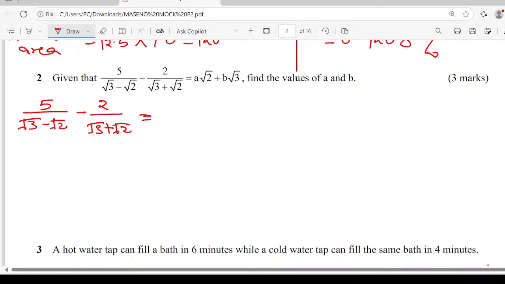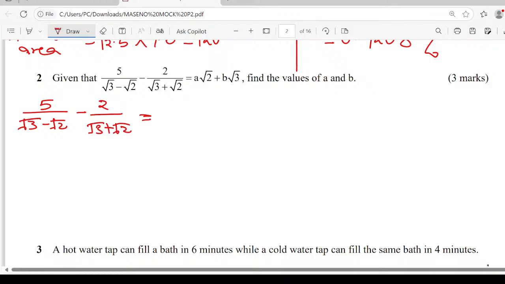So when you look at these surds, learners, when you are given such a type of question from surds and you are told to work it out, treat this just as your normal fractions, how you add or subtract fractions. The first thing is you get the LCM of your denominators. Looking into our denominators, we have root 3 minus root 2 and root 3 plus root 2.